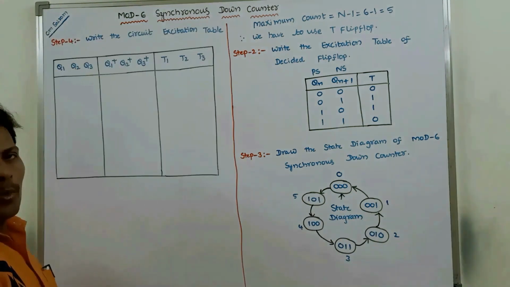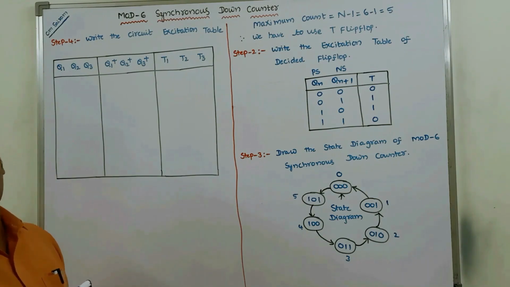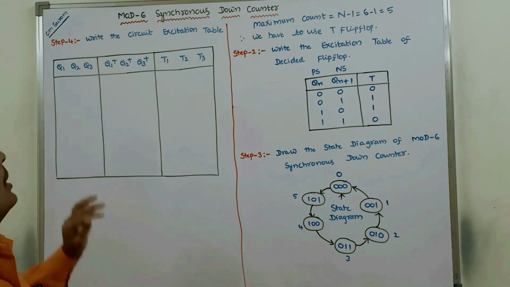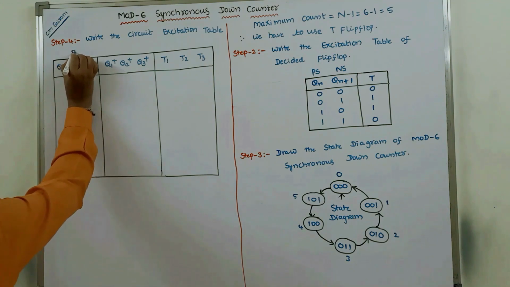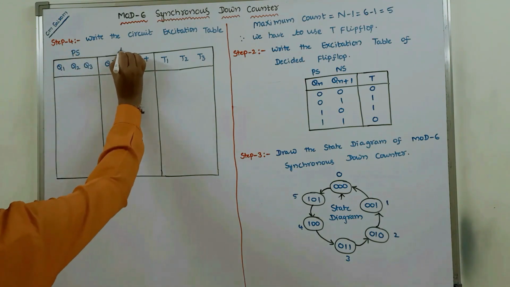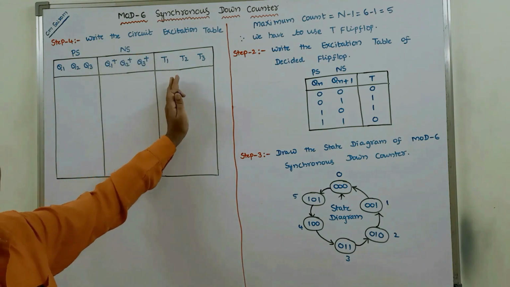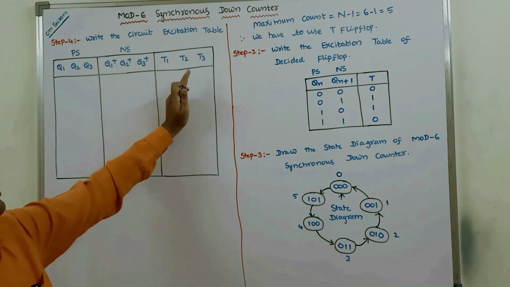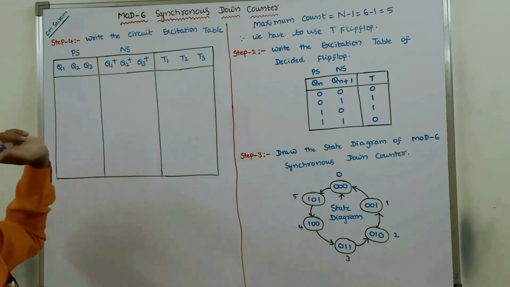Next, now in step 4 we have to write the circuit excitation table. In the circuit excitation table, the first column represents the present state, the second column represents the next state, and the third column represents the excitation inputs. T1, T2, T3 can be called excitation inputs.